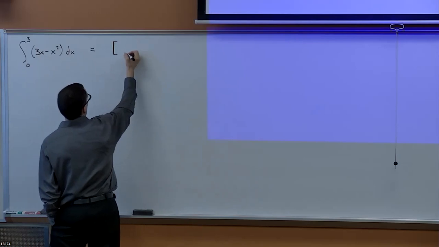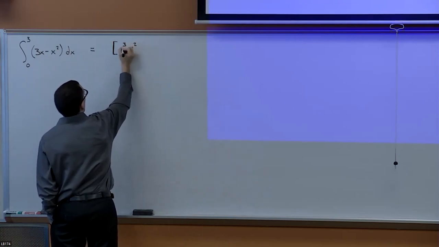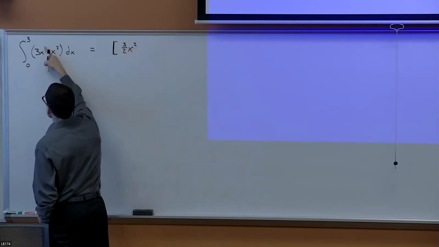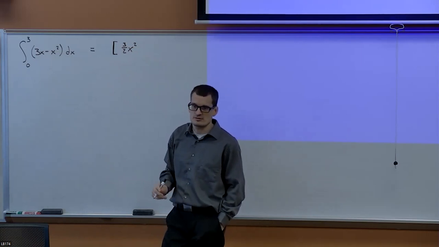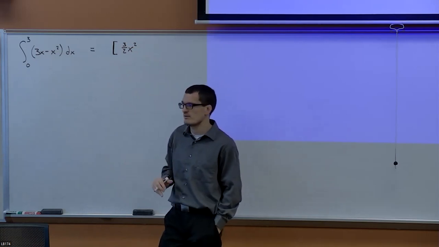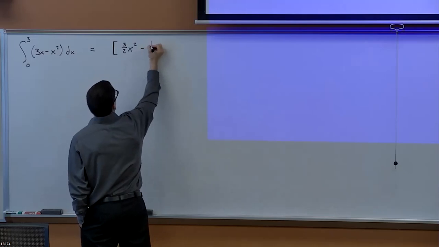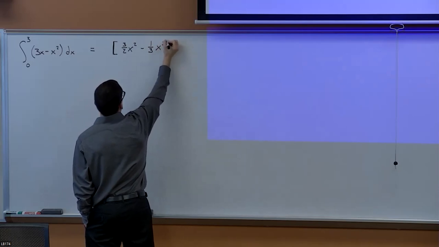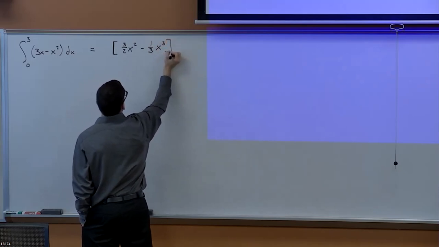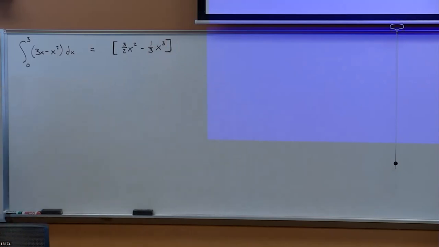So taking the antiderivative means I raise the exponent by 1, divide by 2. That's our x to a power rule, as long as that power is not -1. And then minus 1/3 x to the third. So I put the antiderivative in brackets.